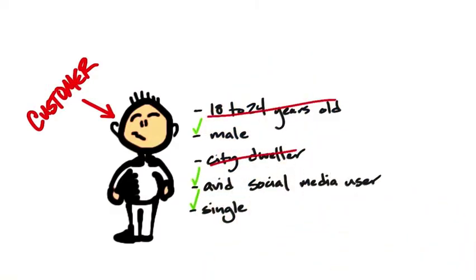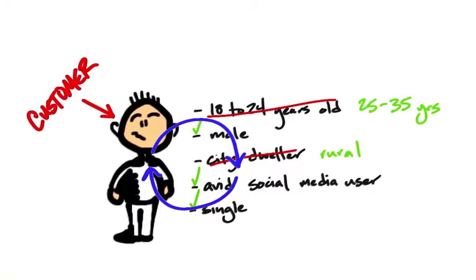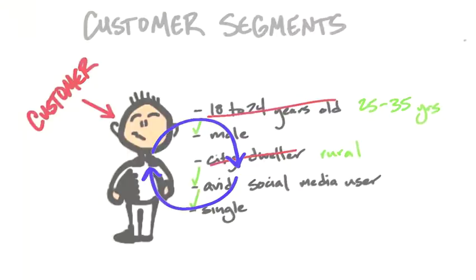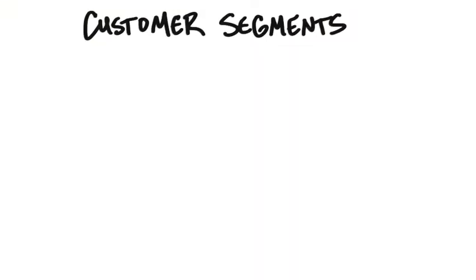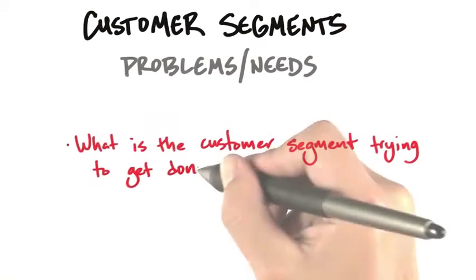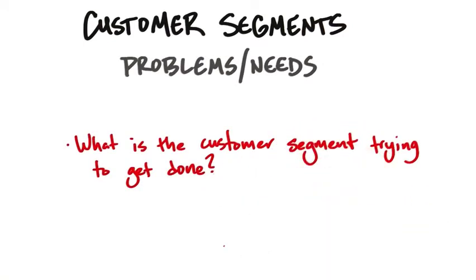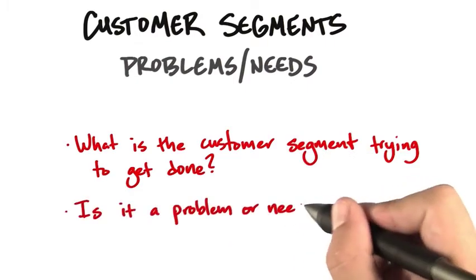And because we're going to do these experiments cheaply, inexpensively, and upfront, we're going to save all the enormous waste we would do if we waited until we launched the product and did an expensive marketing campaign, and then only then realizing that, oops, these weren't our customers, or these were our customers, but we built the wrong features. So let's dive down a level deeper and first focus on what's the jobs needed to be done. That is, what's the customer segment trying to get done, and is it a problem or need?